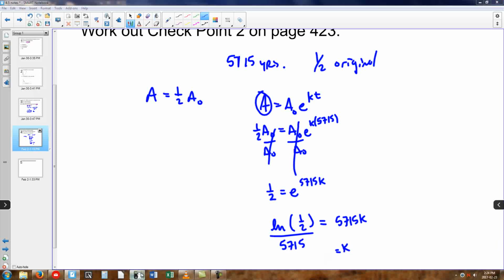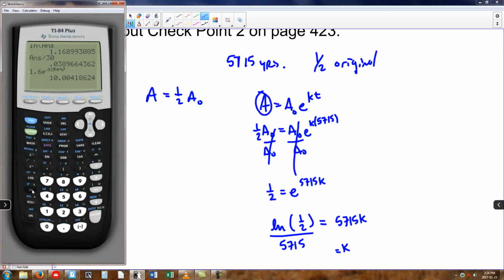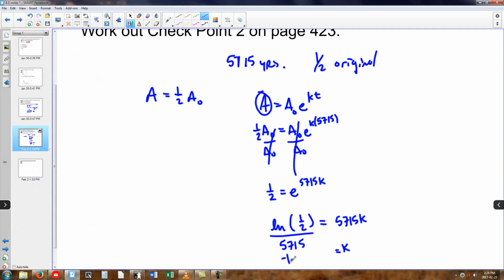So I'm going to go to my calculator. I'm going to take the ln of 0.5. It's negative, and now I'm going to divide that by 5,715 to get negative 1.21 e negative 4.